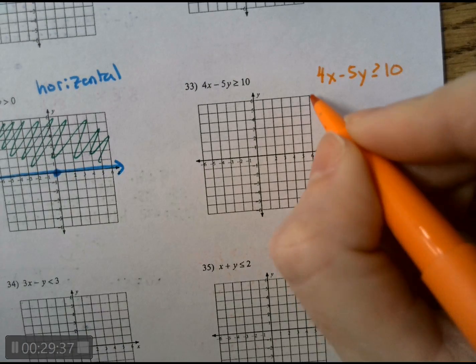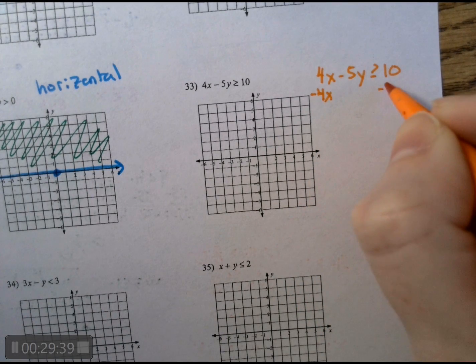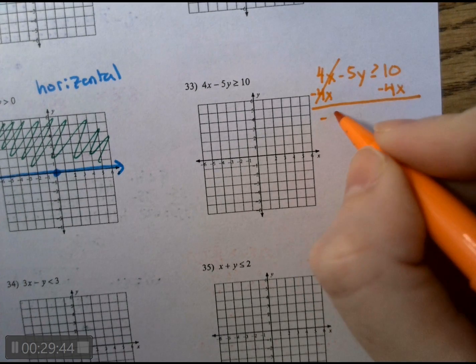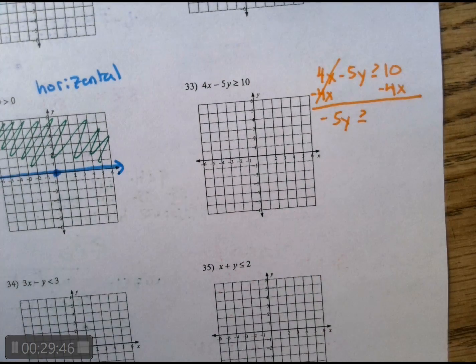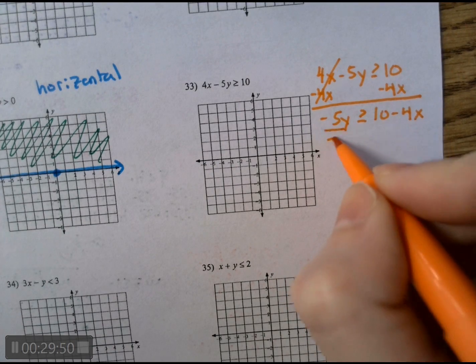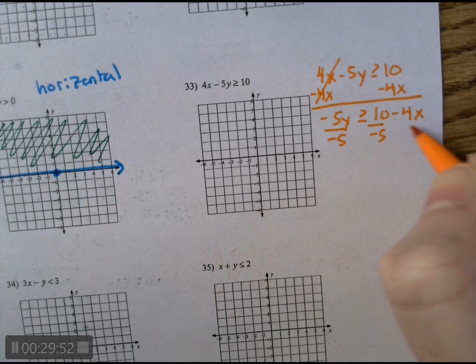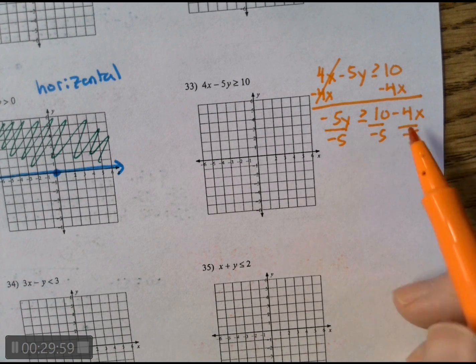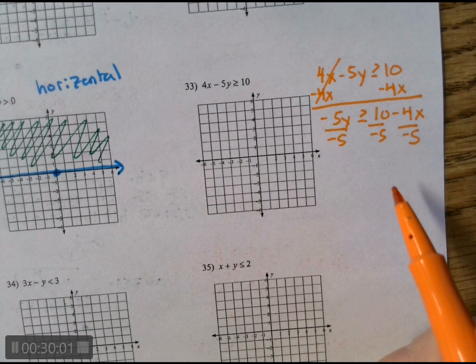And I'm going to subtract 4x. So we get negative 5y is greater than or equal to 10 minus 4x. And then we divide everything by negative 5. Okay? This is also where you guys would mess up, because you would do this beautifully, but then when you would simplify, you would mess up somewhere. Okay?